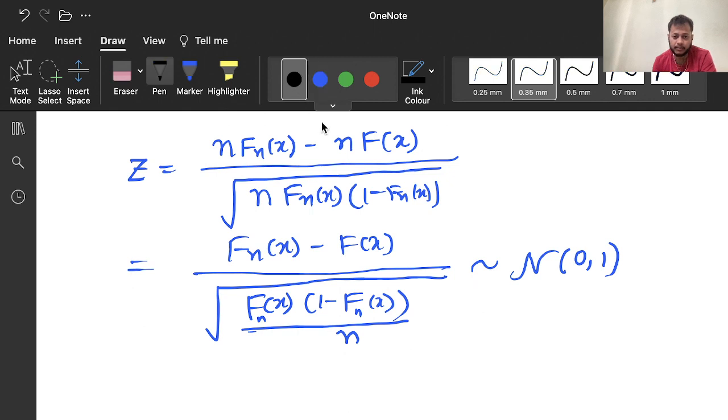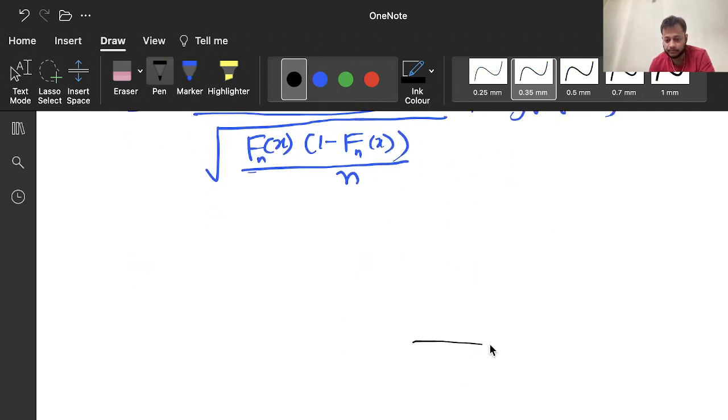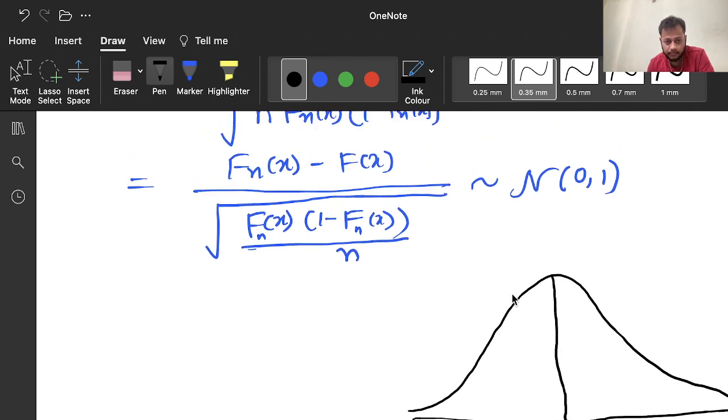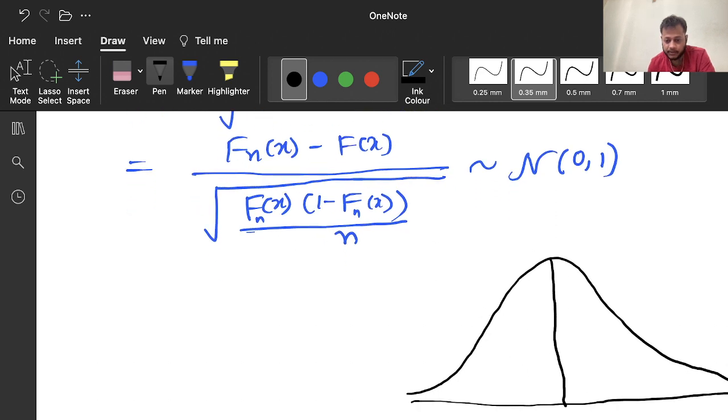So let's see it pictorially. Suppose this is the normal distribution, and here suppose this is F(x), this is Fn(x).